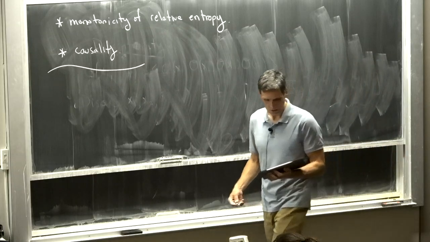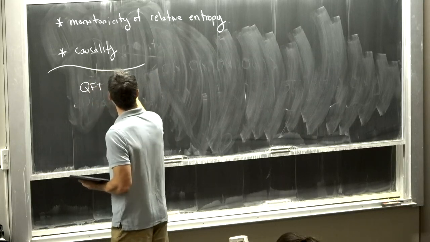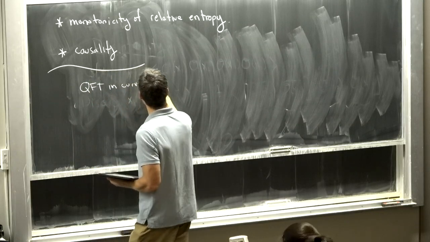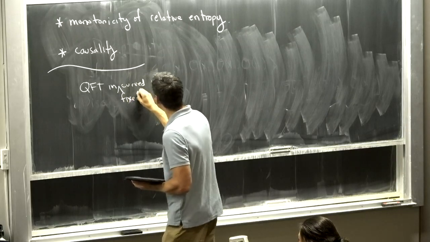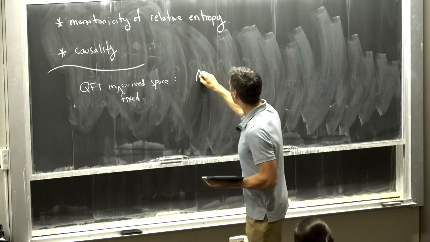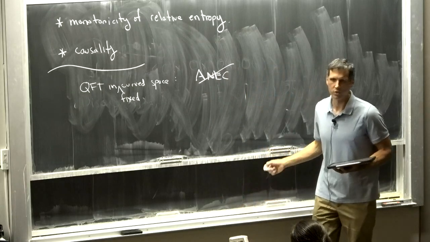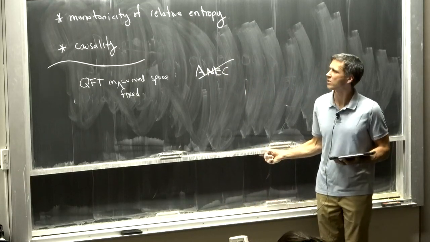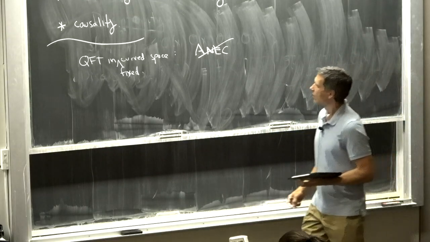So first of all, in QFT in curved space, so in a fixed curved space, the ANEC does not hold. The average null energy condition is not true. There are counterexamples to the ANEC in curved space.